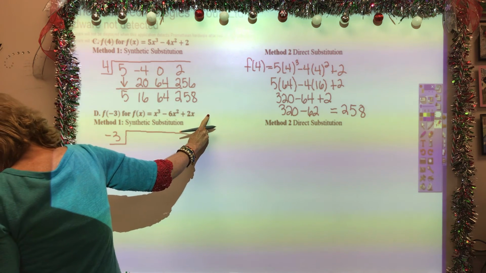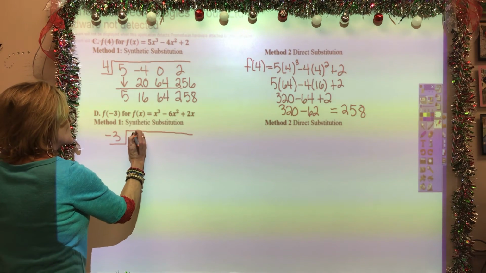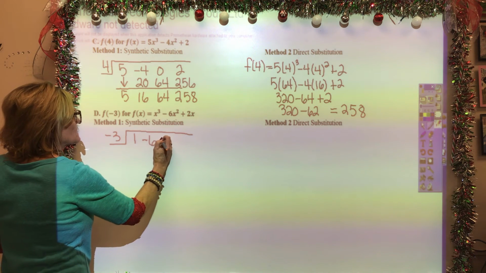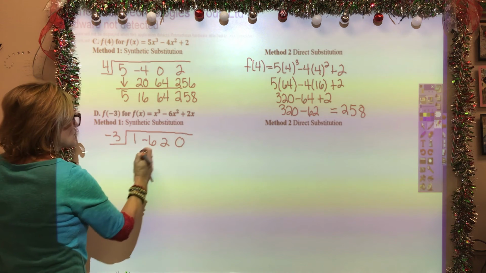And I don't think we'll go ahead and put that 0. So we've got coefficient of 1, coefficient of negative 6, coefficient of 2, and then a 0.